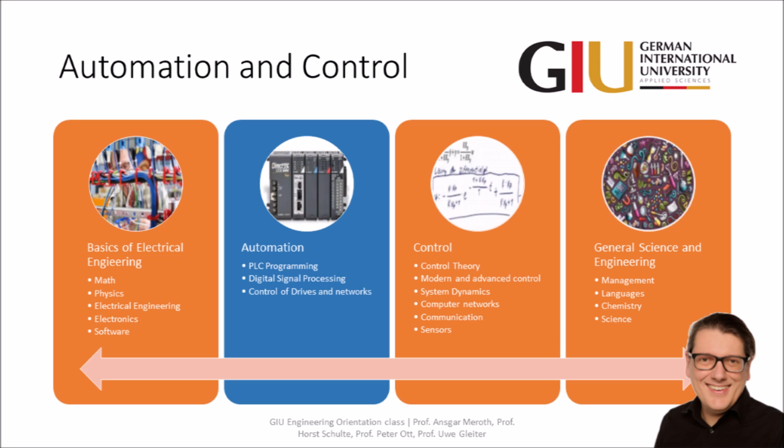Then the third thing in automation is the control of drives and networks. So we have two things, the control of electric drives and other kinds of drives, and the control of networks. It is also a more and more important part in automation to control devices and machines over digital networks.